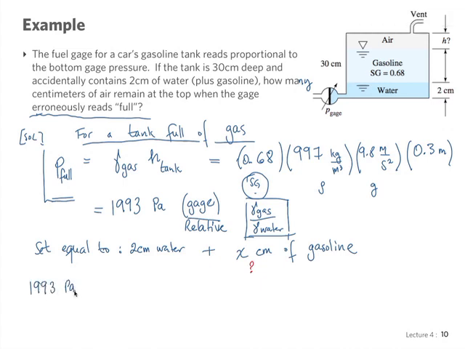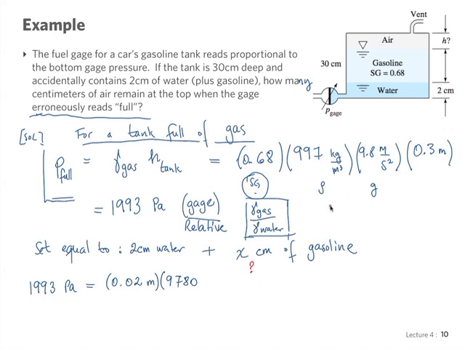1993 pascals is equal to, okay, water 2 centimeters, so I'm going to convert to meters right away, 0.02 meters. And we have gamma of water, so this is rho g of water. I can put the number right here, 9780.